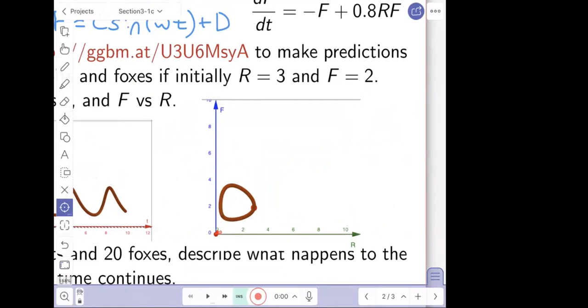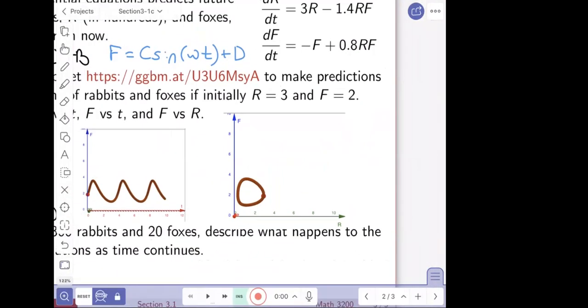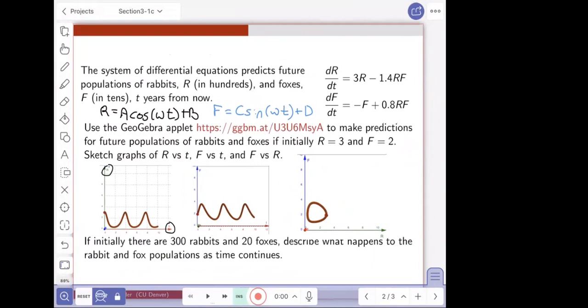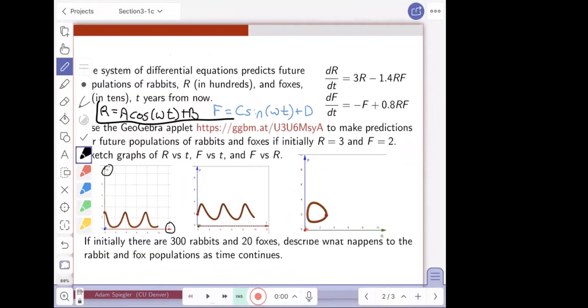Maybe this makes sense if you've thought about how these populations behave cyclically in nature. We've got our two equations, or suspected equations, for R and F. These are like parametric equations for R and F. And if we graph them in the RF plane, it makes some sense why we're getting this cyclic behavior.